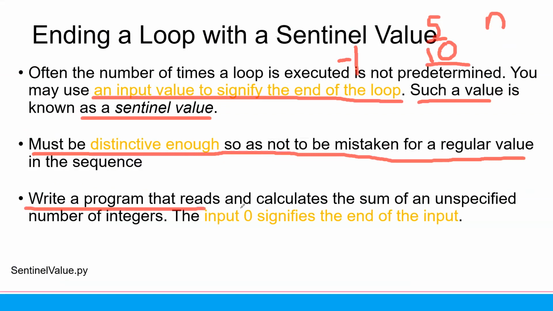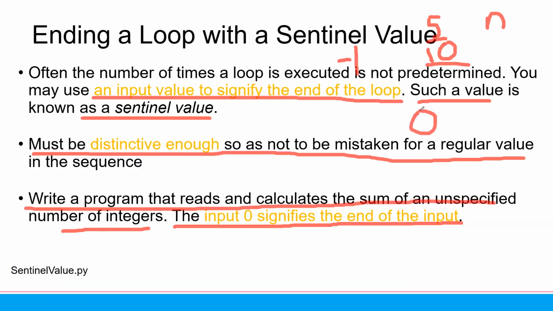So write a program that reads and calculates the sum of an unspecified number of integers. The input 0 signifies the end of the input. So if you input 0, let's finish the program.